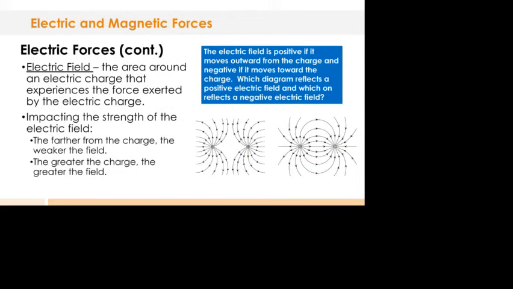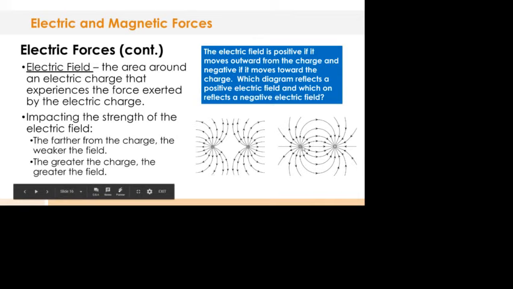Now, anytime you have an electric force, you have an electric field. And electric fields are very, very similar to magnetic fields. And you can have these fields be repulsive or attractive. If you have, for example, two positive charges, you will see that the electric fields are curving away from each other, showing that they are being pushed away.